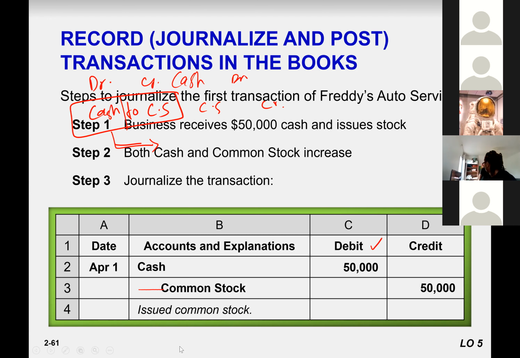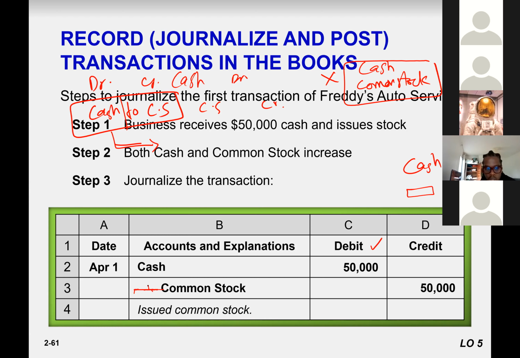So you don't see the entry like that, cash, common stock. Why? Because this entry is wrong. Because it should be like this, cash, and then there would be a space here, common stock. Okay, right?